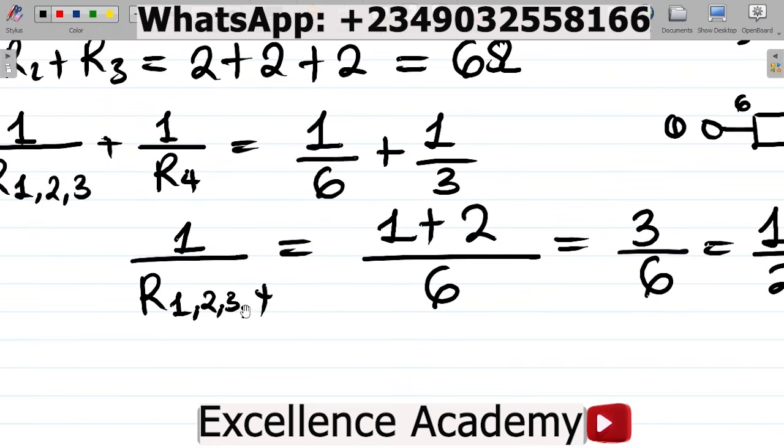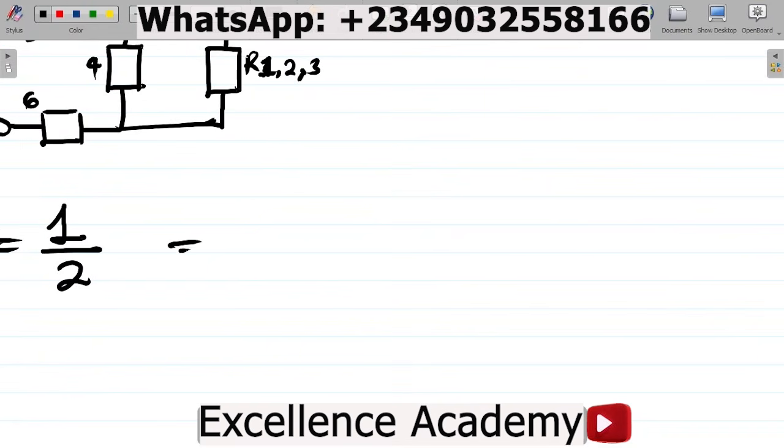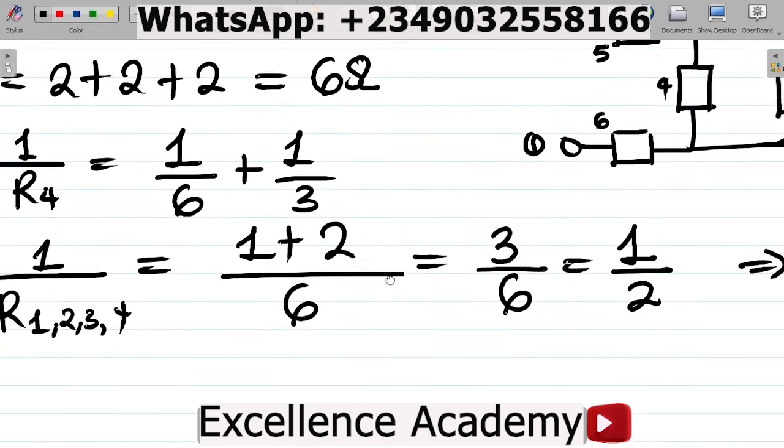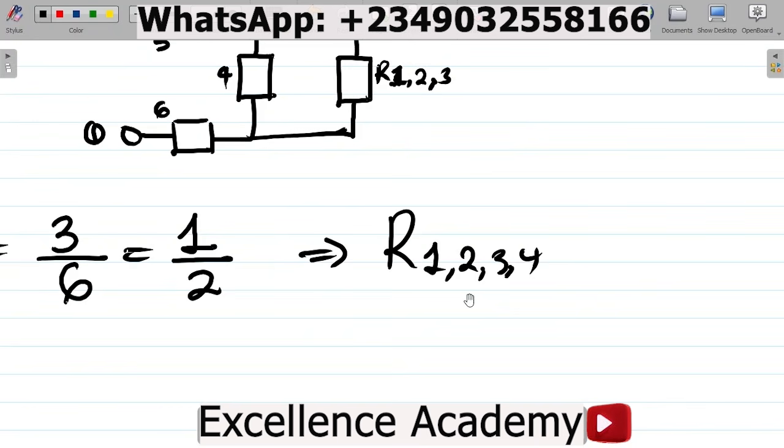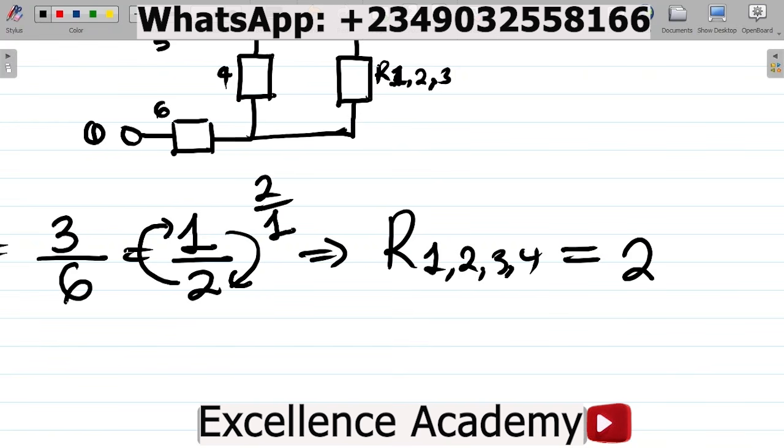To get the value of R1, 2, 3, 4, because we don't want the inverse, we want the actual value, this one goes up and the 1 comes down. Just invert them. So I'll be having 2 over 1. And we know that 2 over 1 is equal to 2.